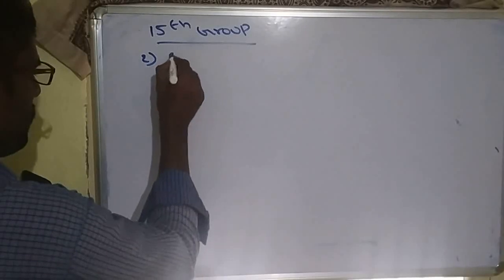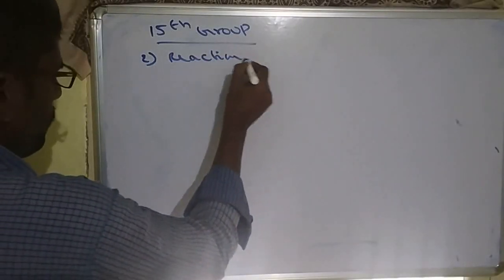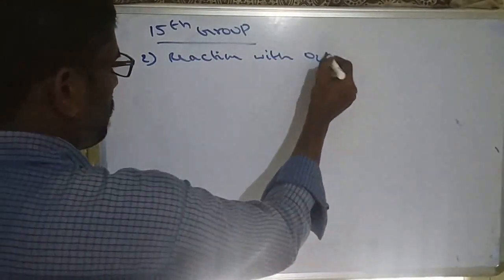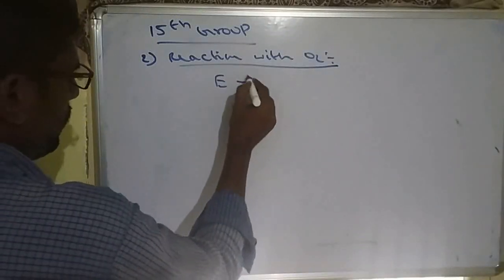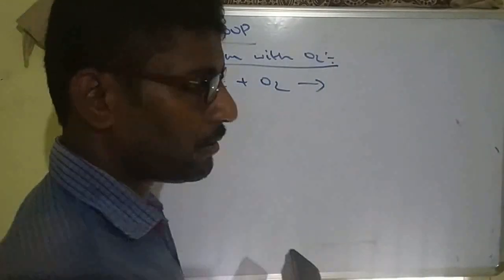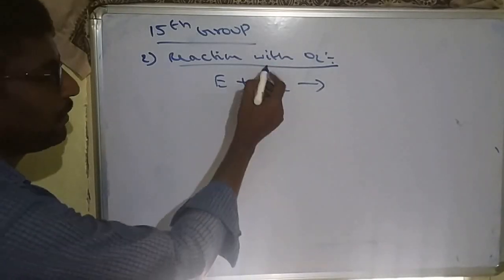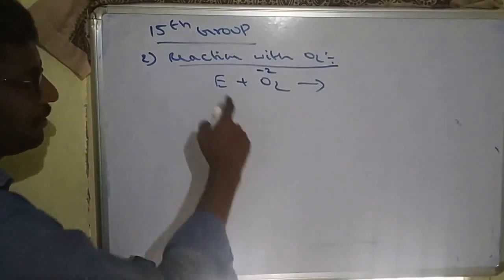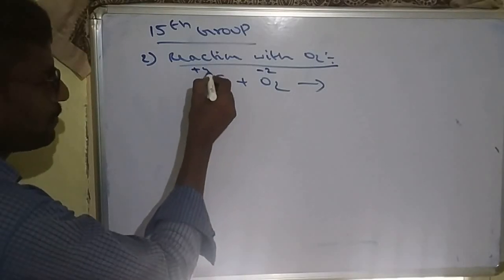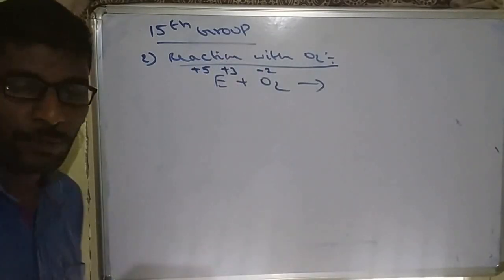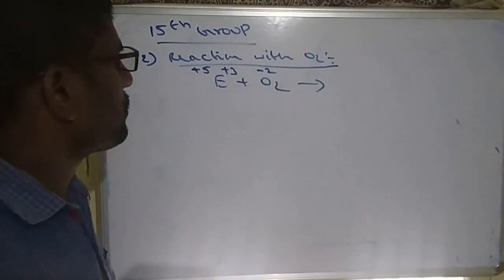Similarly, the next one is reaction with oxygen. When the 15th group combines with oxygen, oxygen is more electronegative, so it will show negative charge and the 15th group element will show positive. Positive means +5, and also due to the inert pair effect, +3 is also there.